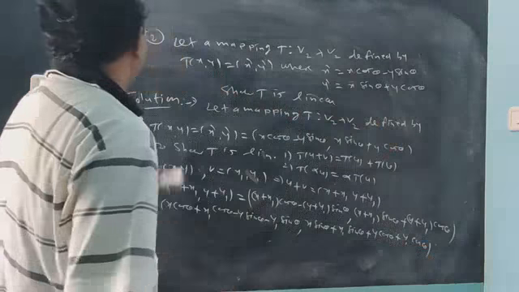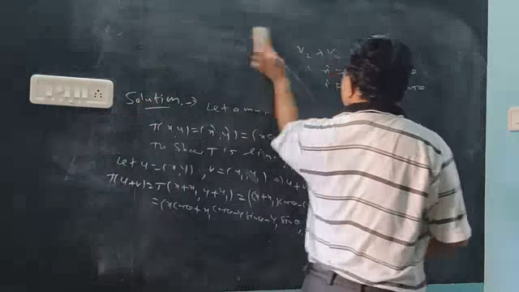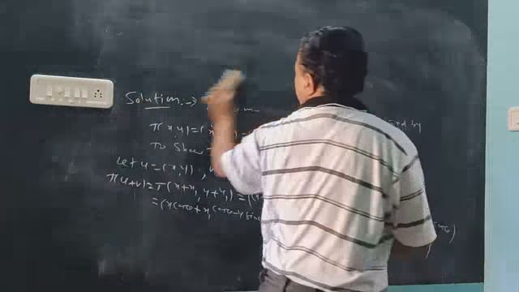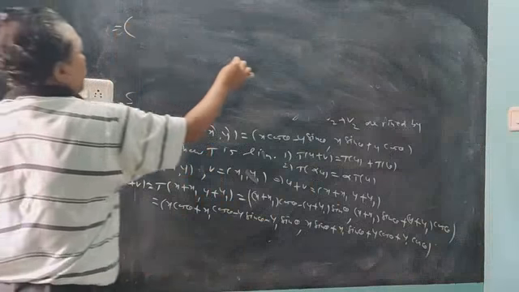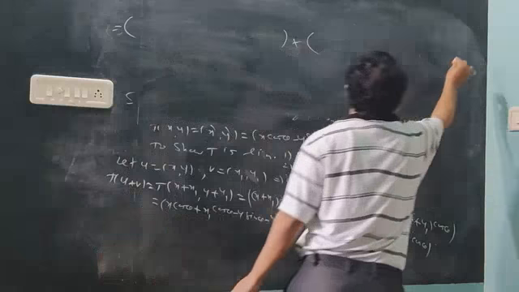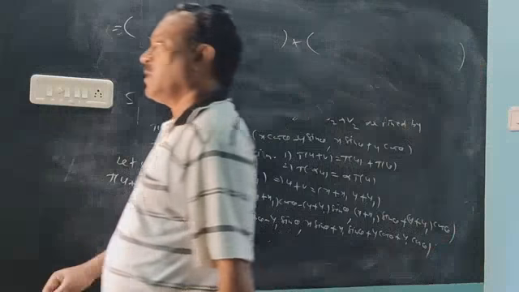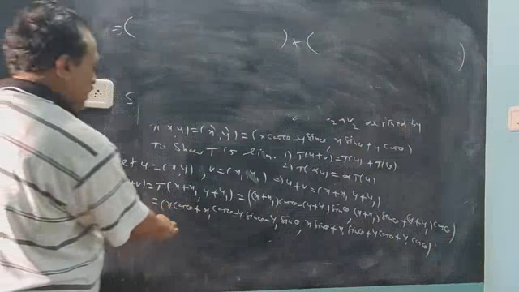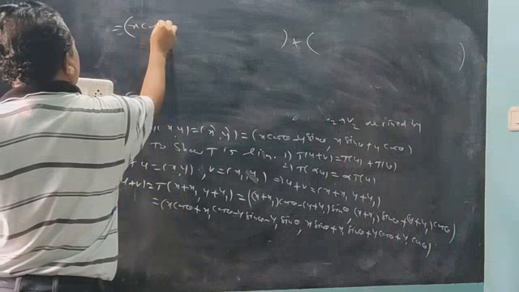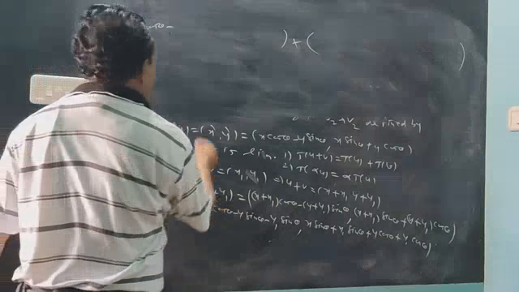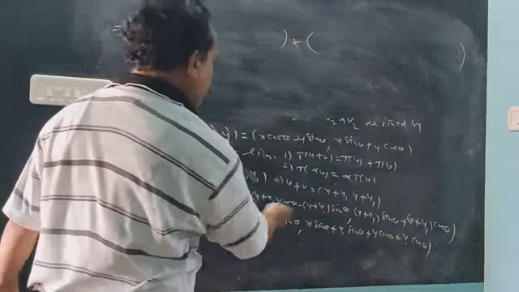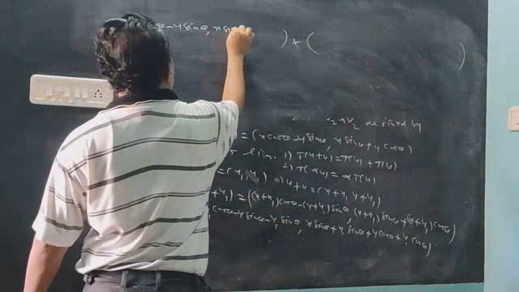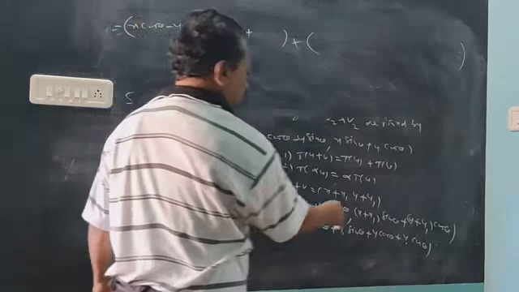Open the bracket. Now break it into the (x, y) terms in one bracket and the (x1, y1) terms in a second bracket, two terms. The first one will be T of u, the second will be T of v. So the (x, y) terms: x cos theta minus y sin theta, and the second x sin theta plus y cos theta.